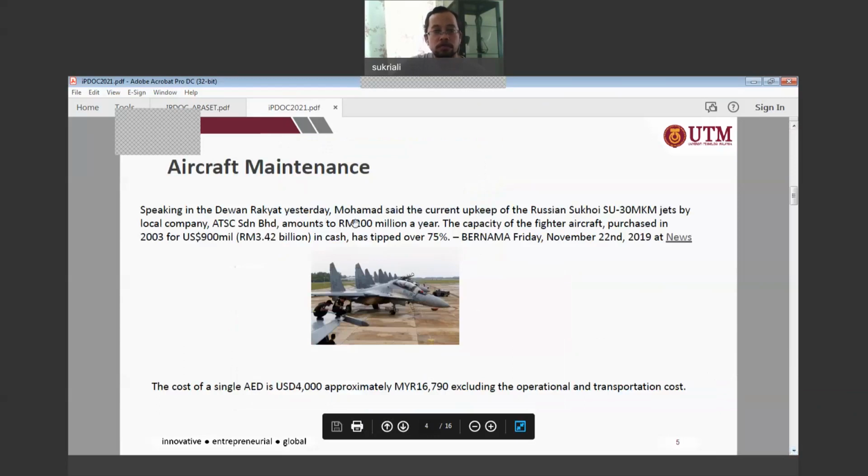One of the things these 200 million ringgit need to be spent on is maintaining the aircraft aerostatic discharger. The amount required just to replace the AAD is approximately 16,790 ringgit. This does not include operation and transportation costs.